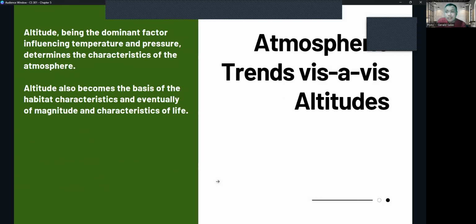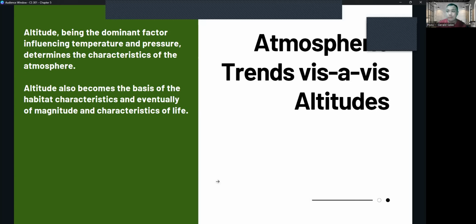Now, altitude is important when we talk about temperature. As our altitude increases, pressure decreases and temperature decreases. That is the very common characteristic of how these three variables respond. So basically, based on the altitude, there are different plants or crops that can thrive.